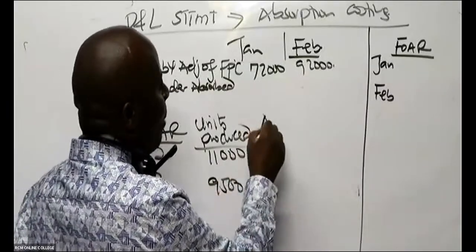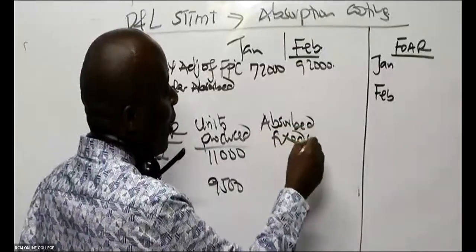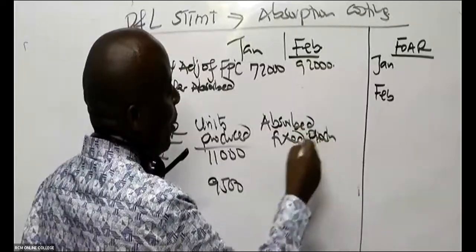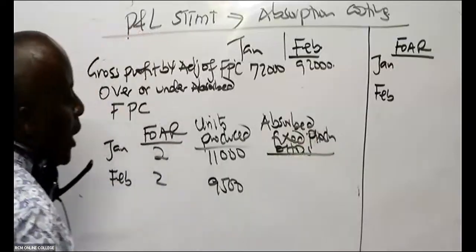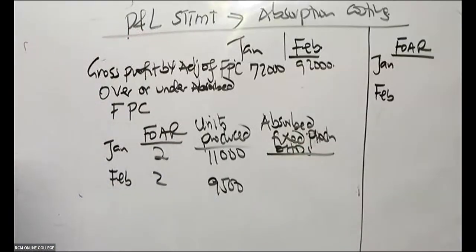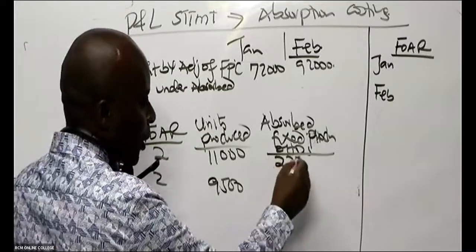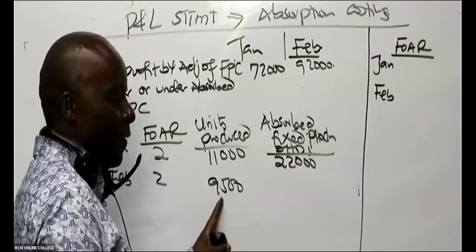So then give me the absorbed fixed production overheads. In this case, it will be 2 times 11,000, isn't it? 22,000. 2 times 9,500?